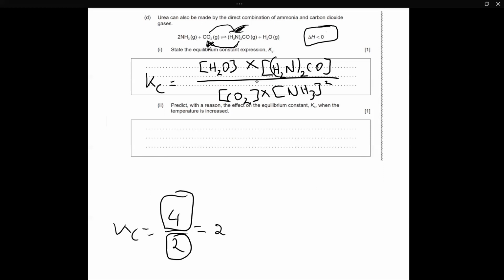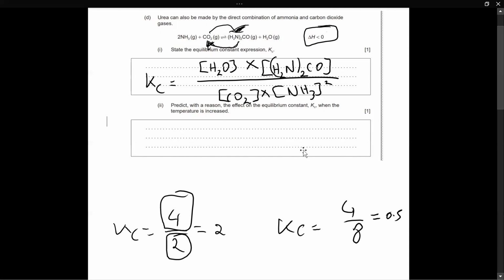But now imagine that I increase our denominator. Imagine that our denominator becomes 4. Now we're getting a Kc value of 1, which is smaller. And if I further go on and increase the denominator value to 8, this becomes 0.5, which keeps decreasing.